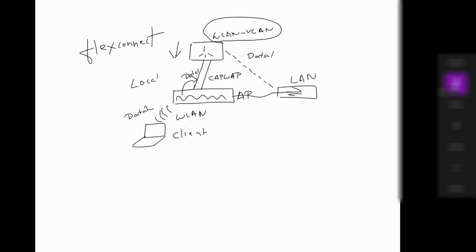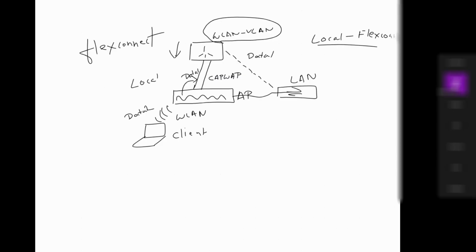When you configure the access point from the local mode to the FlexConnect mode, what exactly happens is the AP will boot up and then download a fresh configuration from the WLC. When it loads the configuration from the WLC, the WLC gives that intelligence to the access point, saying that, hey, if I go down, use this WLAN to VLAN.